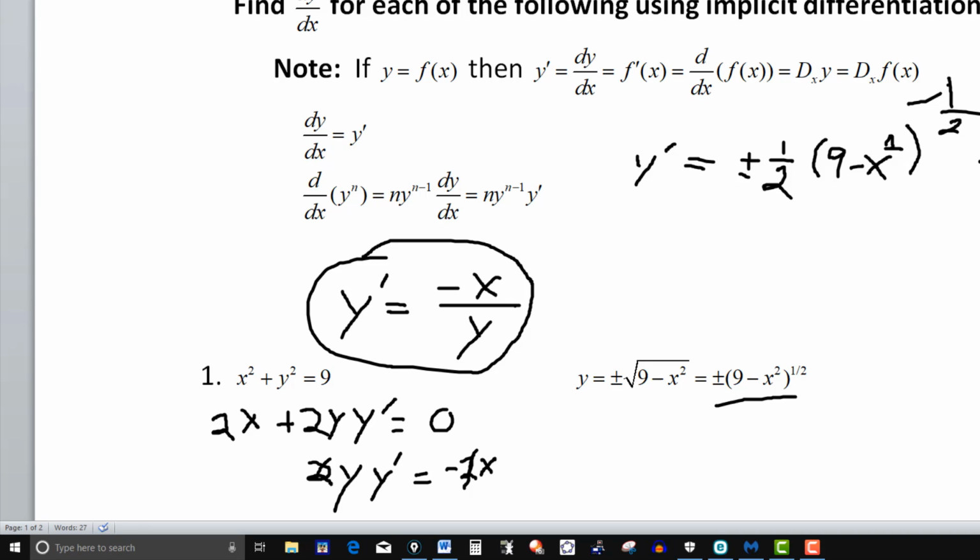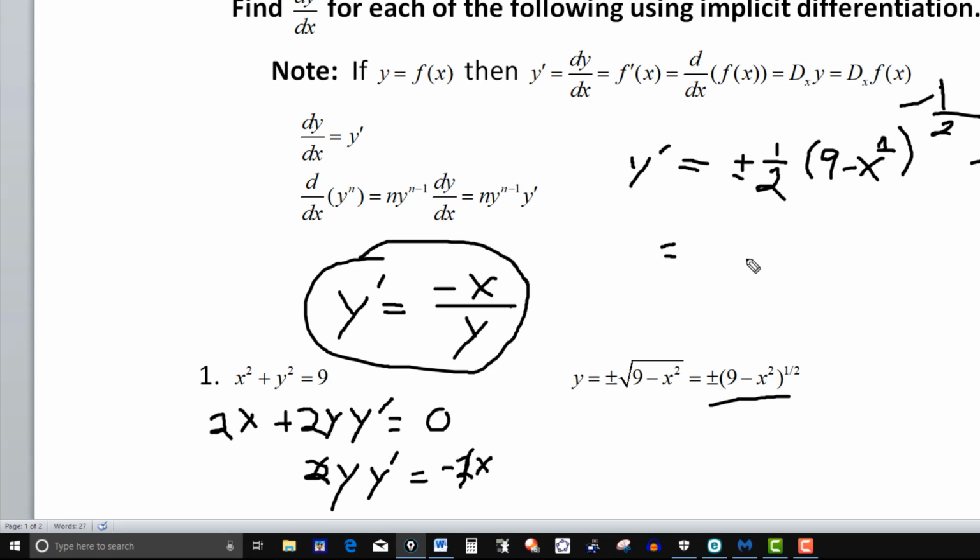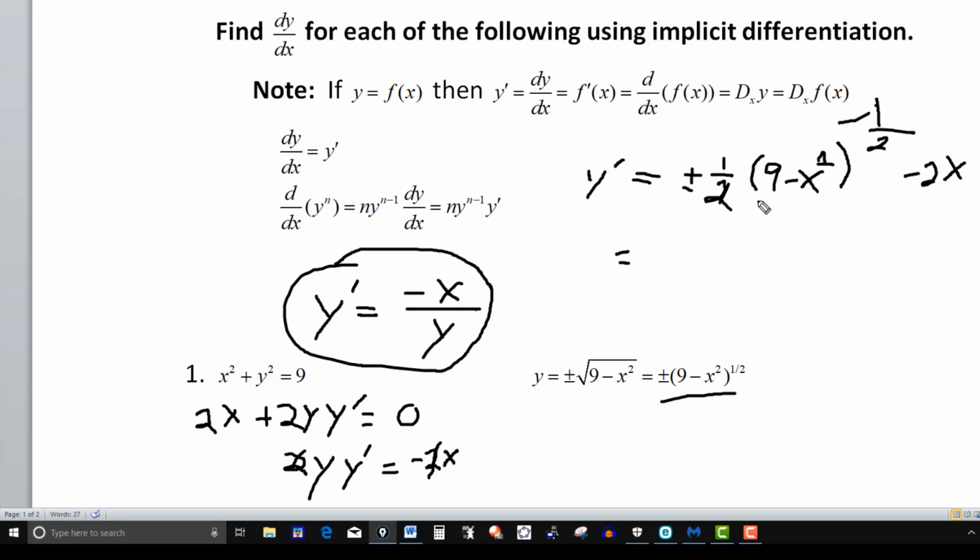Now this 2 here and this 2 here are going to cancel. And then I'm going to take the radical here, minus 1/2. If I take it to the denominator, it becomes a positive 1/2.